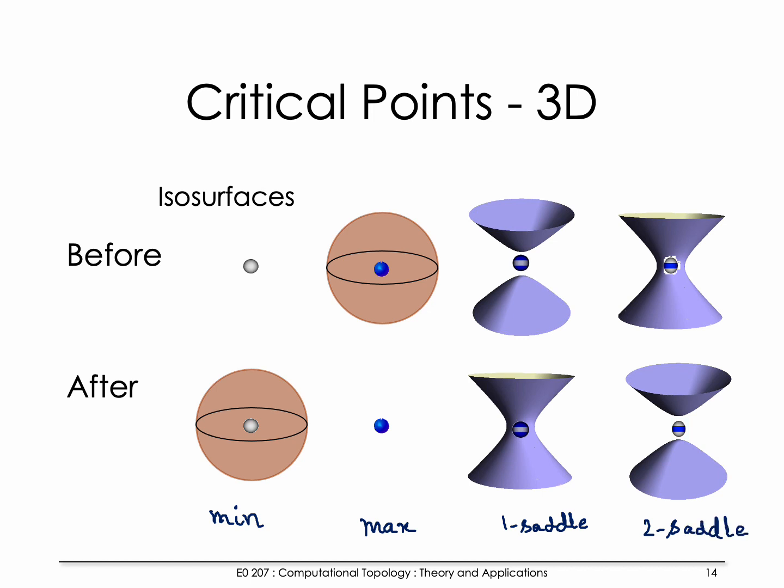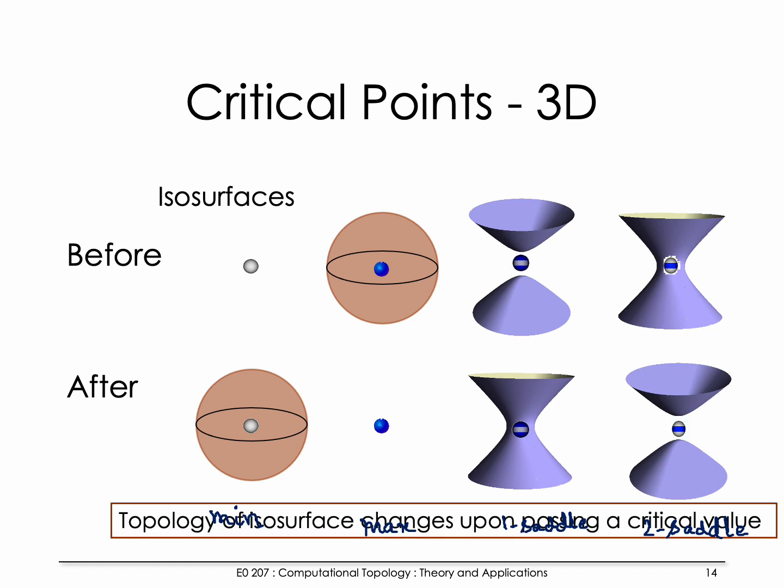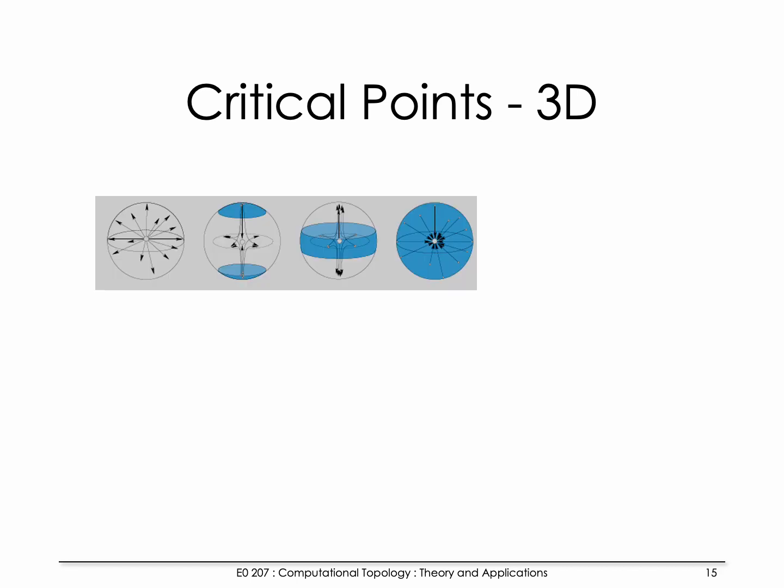So we haven't yet talked about an algorithm. We will do that in the next class. But let's finish this discussion by talking about the gradient lines for 3D functions. So again, for a minimum, in the neighborhood of the minimum, the gradient lines all go outwards.